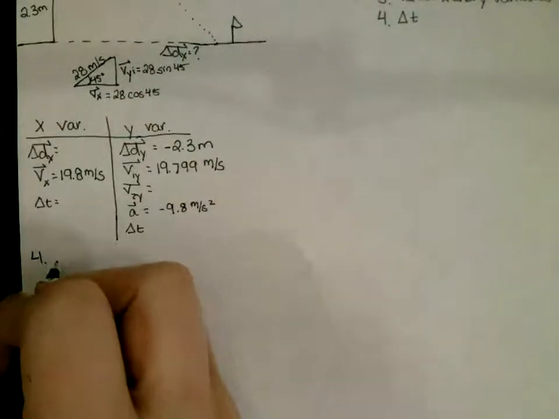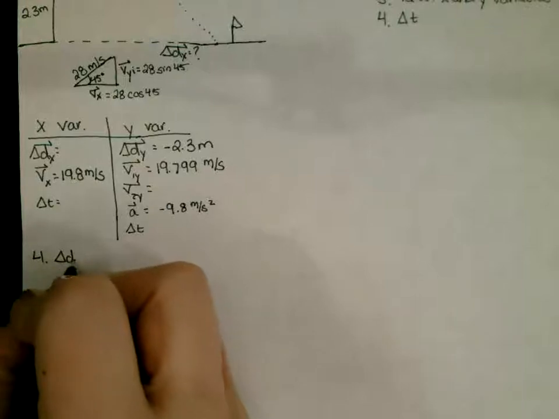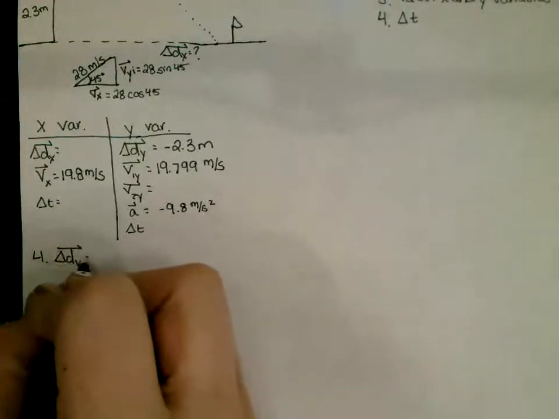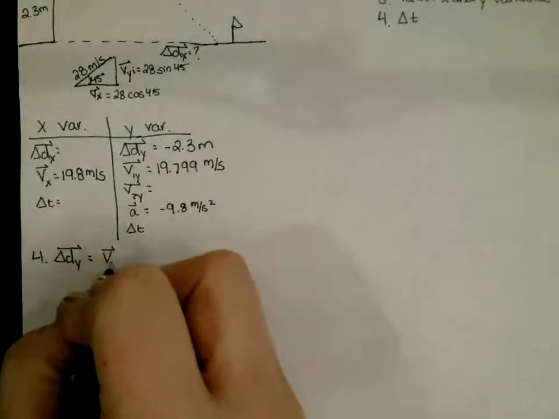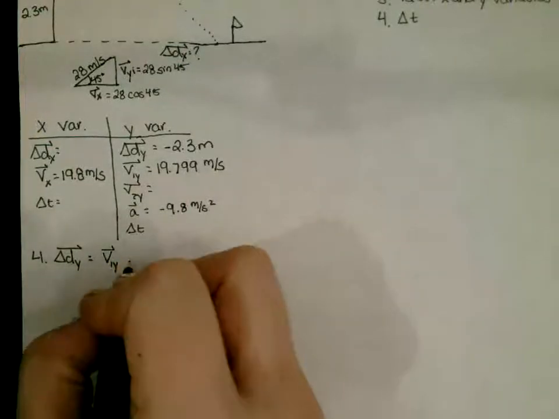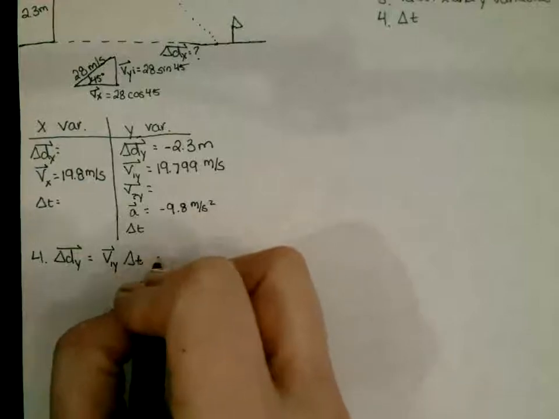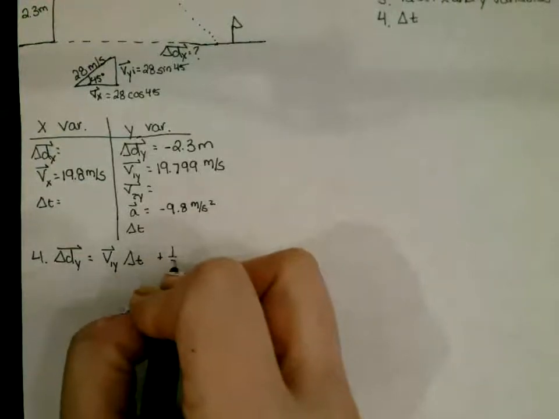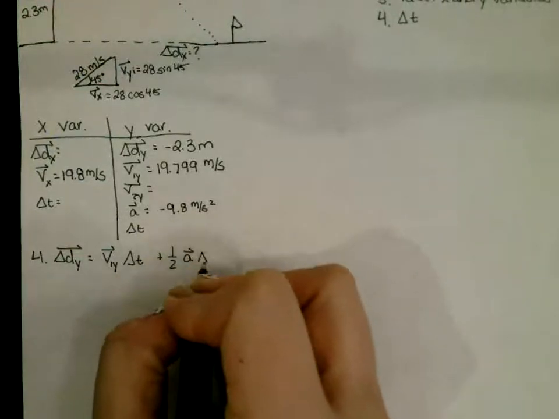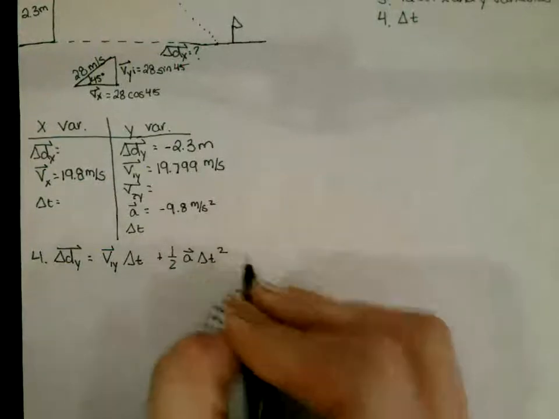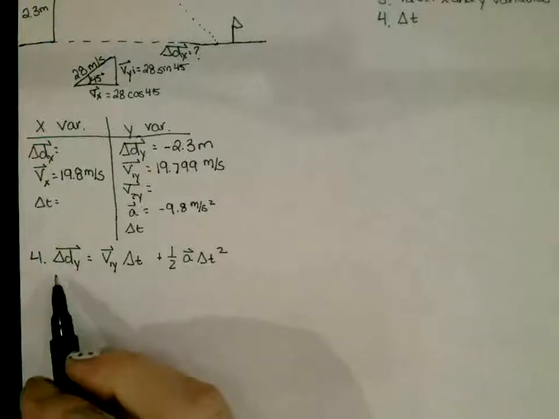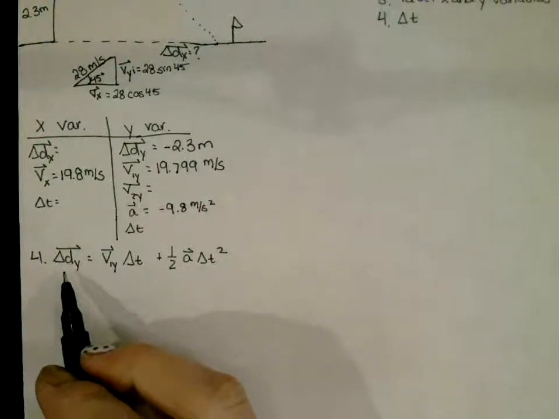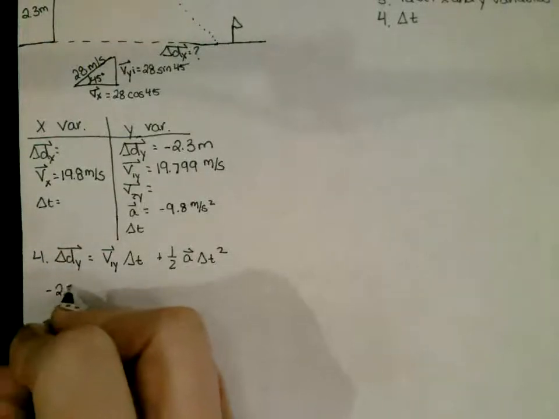So displacement on the y-axis is equal to my initial y velocity times change in time, plus 1/2 acceleration times change in time squared. My vertical displacement is negative 2.3 meters.